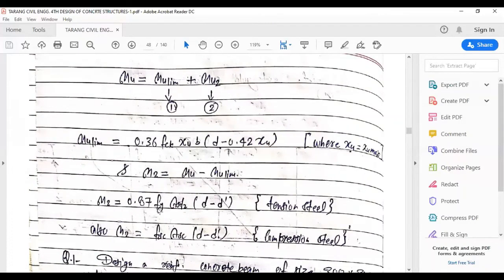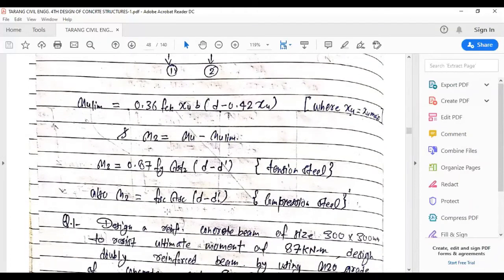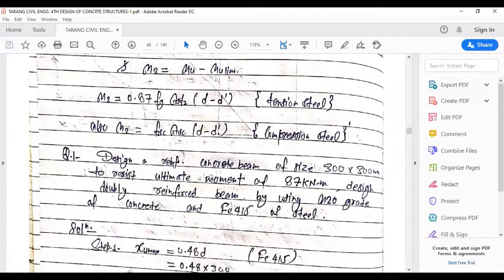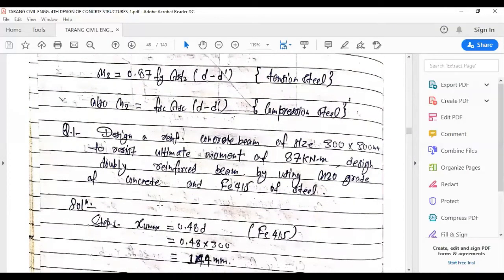So this is the yield stress of the secondary tensile bars, hence it is AST2, area of steel under tension 2. And these are the compression bars provided in the top face. I hope it is clear to you guys. Now we'll move to a numerical part. So the question goes like this.